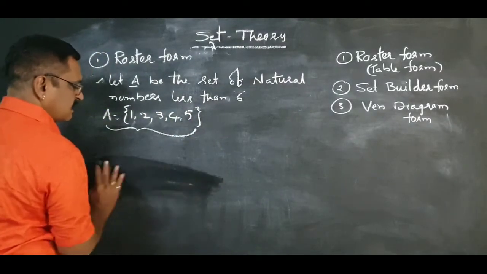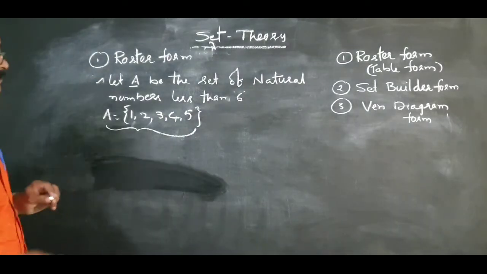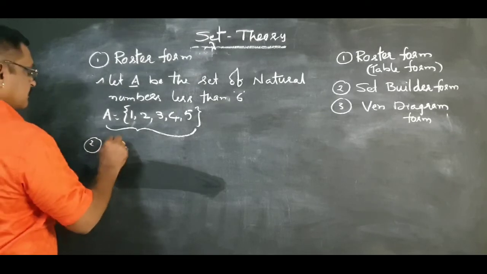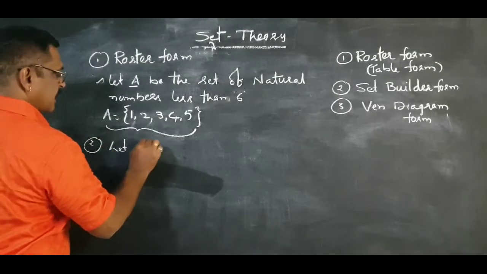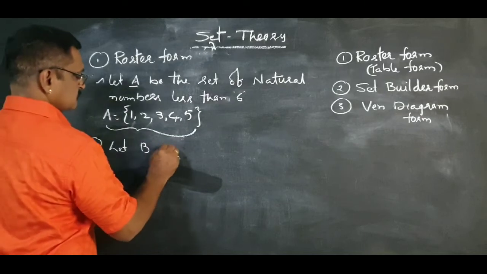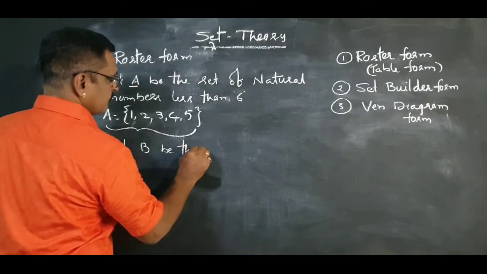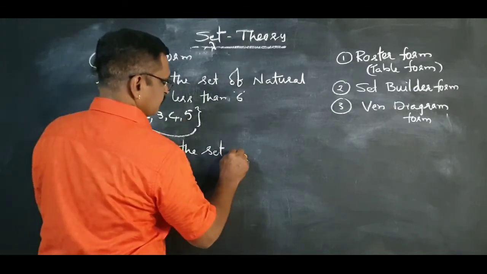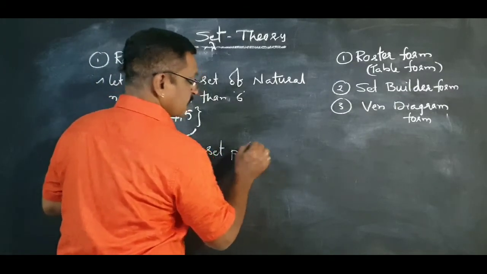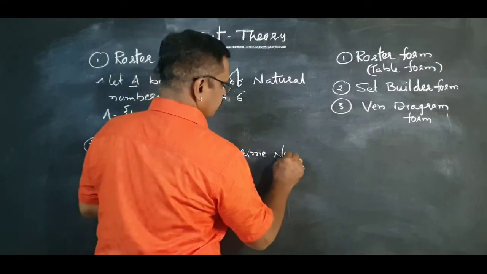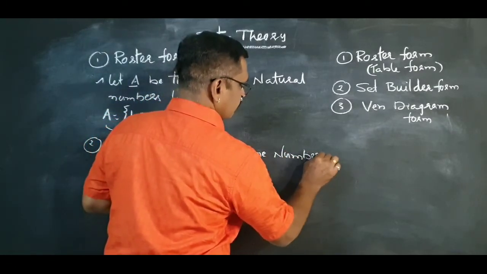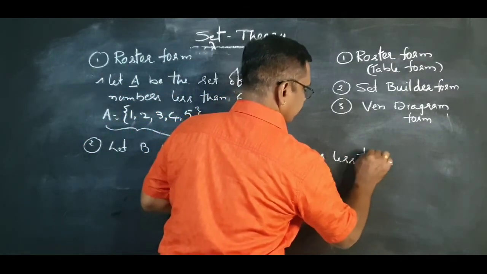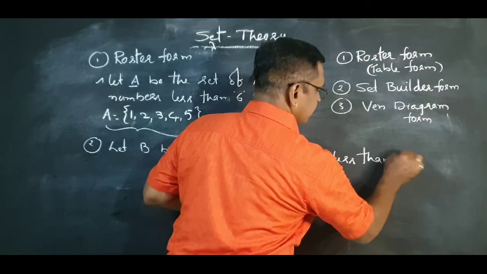Now let me explain one more example. Let capital B be the set of prime numbers less than 10.